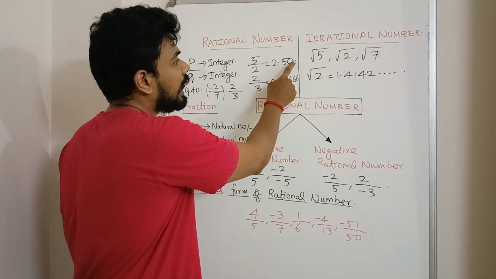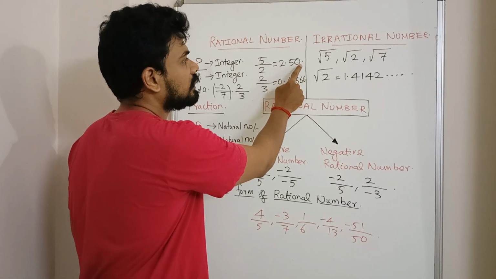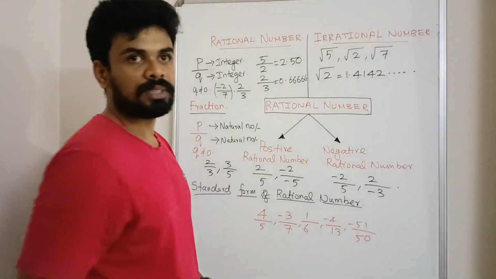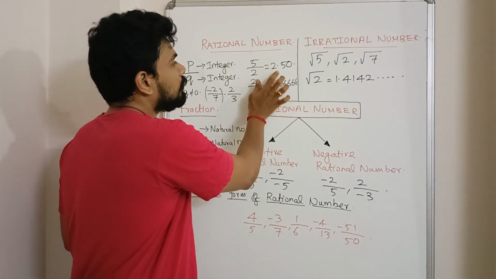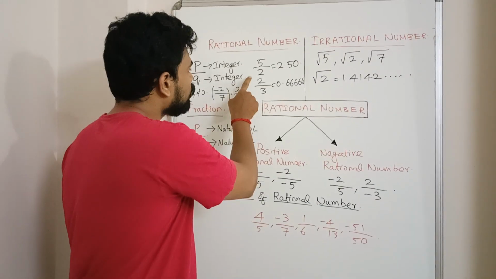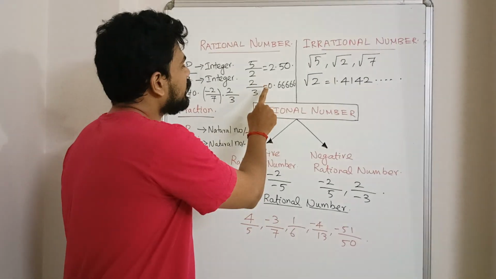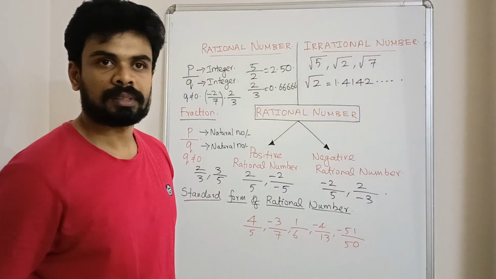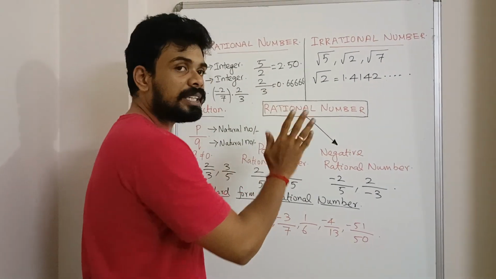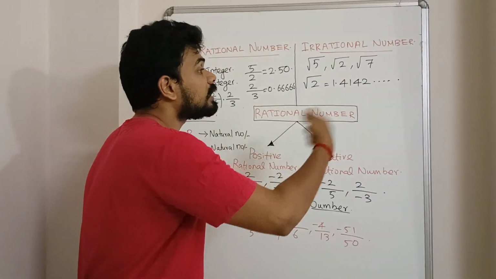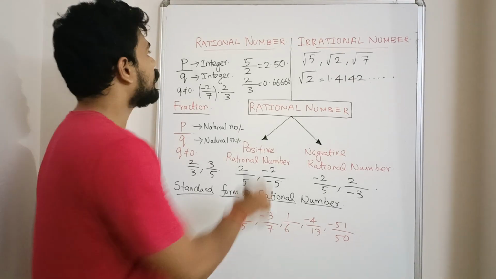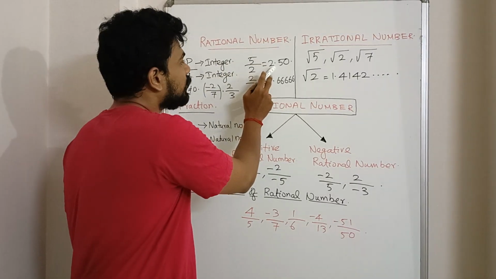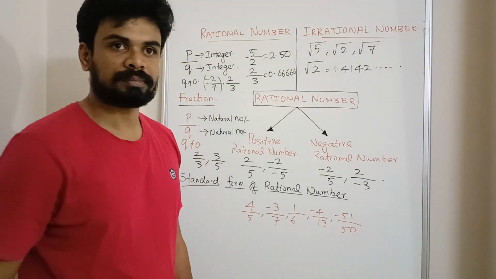I am ending with an answer, terminating it with 0. So it is terminating. But in the case of 2 by 3, I am getting an answer like 0.66666 and it goes on. Here, the answer is not terminating, but it recurs. So rational numbers are either terminating or recurring.